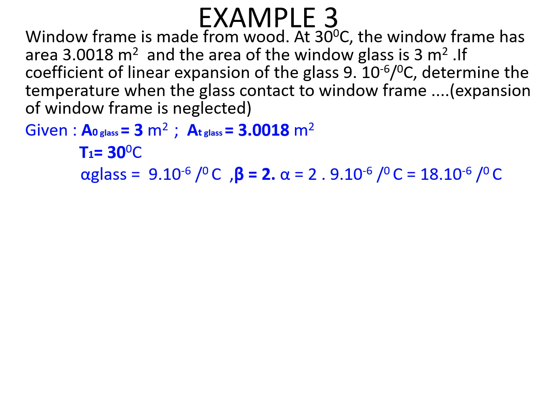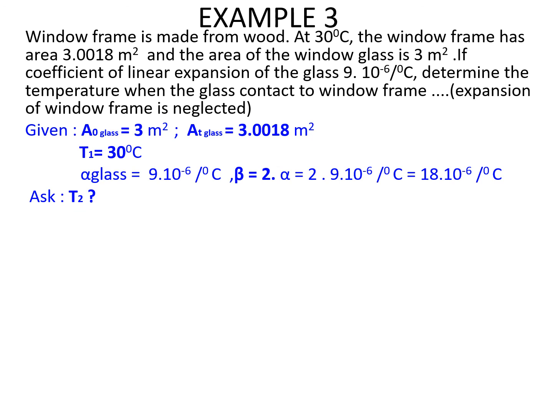And alpha glass, coefficient of linear expansion of the glass, equals 9 times 10 to the power of minus 6 per degree Celsius. Because of area expansion, we need beta, that beta equals 2 times alpha. So beta equals 2 times 9 times 10 to the power of minus 6 per degree Celsius equals 18 times 10 to the power of minus 6 per degree Celsius.